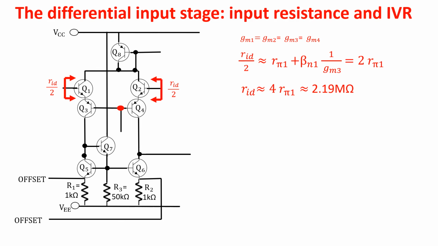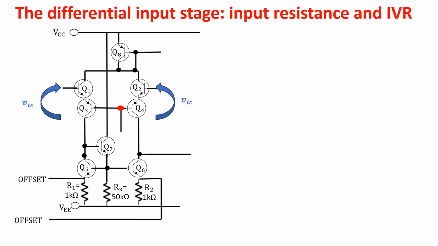Now let's see the common mode input voltage range, which is the range of values of the common input voltage over which the input stage will function properly, with all the BJTs operating in forward active region or at most on the edge of saturation. The upper limit is reached when Q1 is driven on the edge of saturation. So the limit is VCC minus VEB8 minus the saturation voltage drop between emitter and collector of Q1, which is 0.2 volts, plus VBE1.